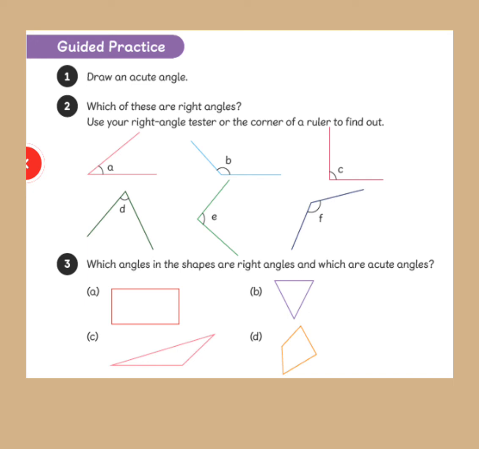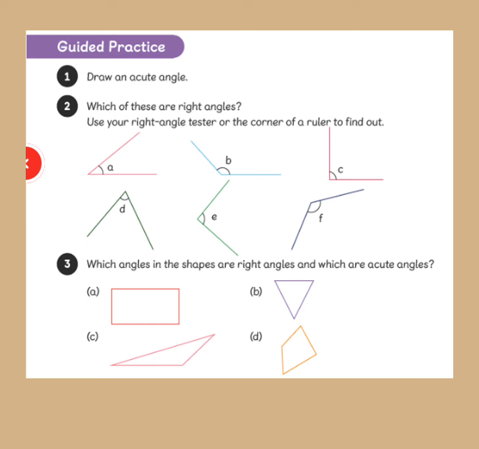Right, let's start with F for a change. Freddie. Yes, you're right, that angle is larger than a right angle, so it can't be an acute angle. We'll learn more about those angles next time, those angles that are larger than a right angle. Okay, now Erin, what did you find?